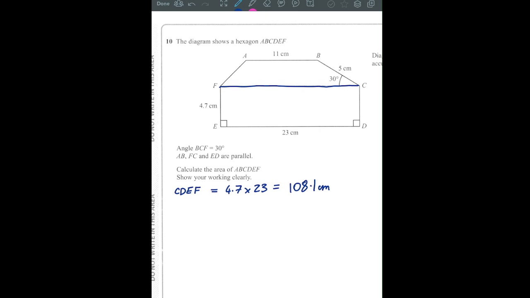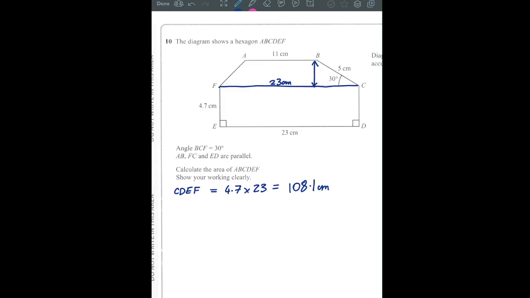Now the top bit is a trapezium, which needs the sum of the parallel sides. Well, that side is a 23 as well, but it also needs the height, the difference between them. So I need this height here. Well, that's a bit awkward because I don't know that yet. It's not 5.